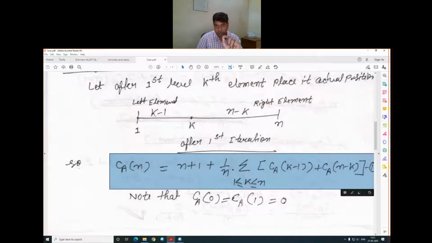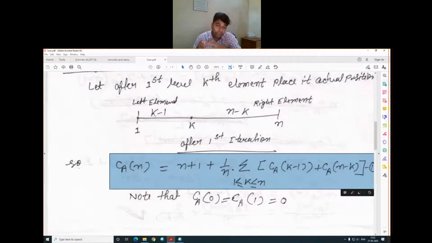We have to reduce this whole mathematical equation in the form of input size by using some asymptotic notation like big O, omega, theta. Clear. So I think the mapping of the quicksort algorithm is clear, that is, how we can create a mathematical equation from an algorithm.